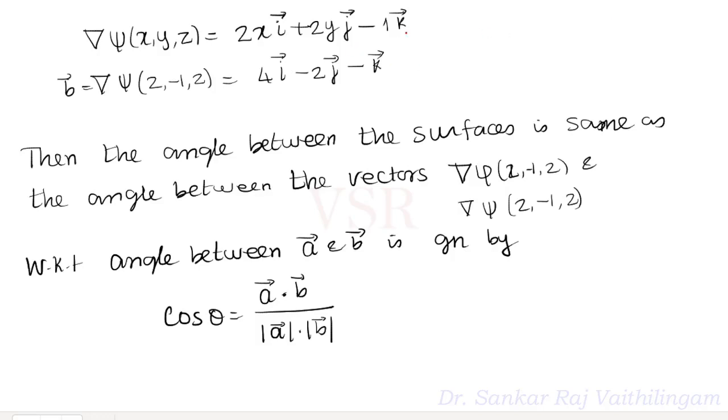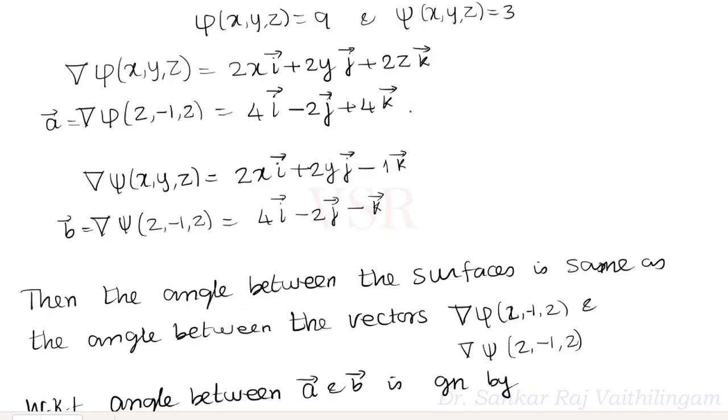What is the modulus of del phi at (2, -1, 2)? This is equal to root of 16 plus 4 plus 16, which is 36, so root 36 is equal to 6.